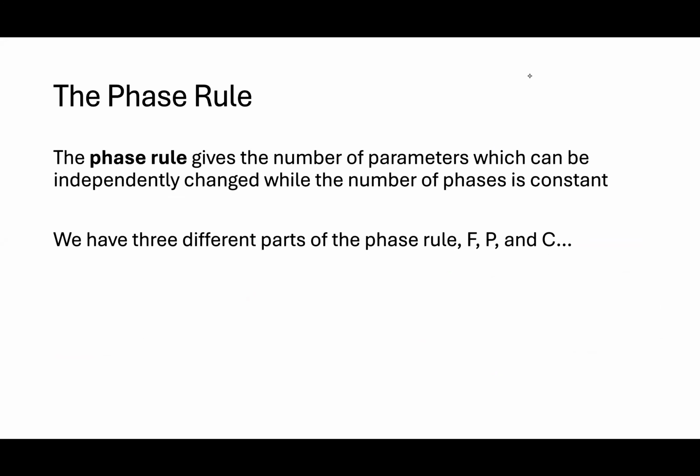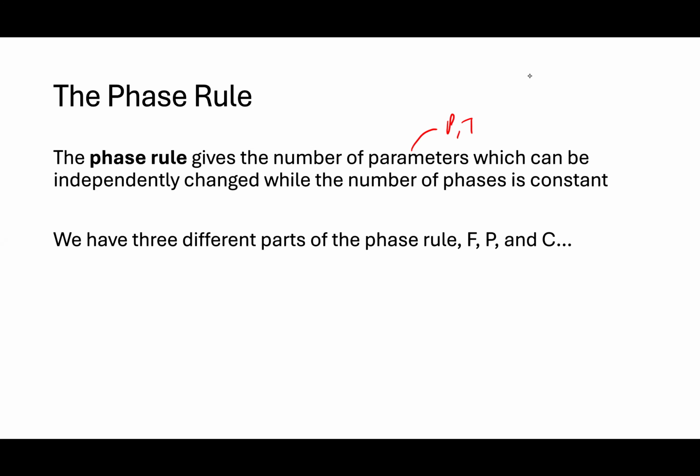This phase rule is going to give the number of parameters which can be independently changed while the number of phases is constant. Parameters are basically variables like pressure, temperature, and so on. We'll see this.